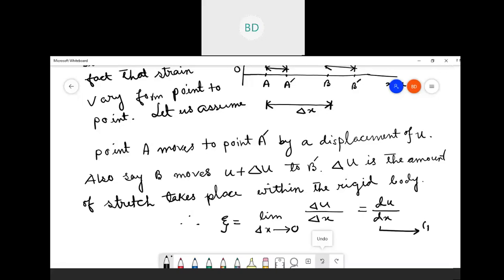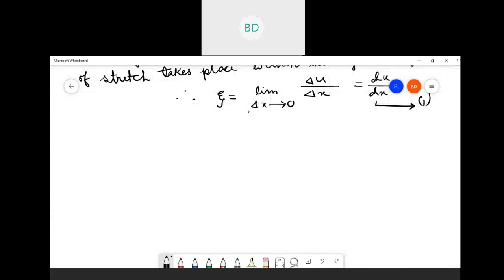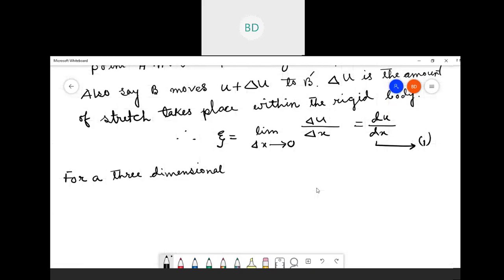Suppose equation number 1. This will be partial differentiation.